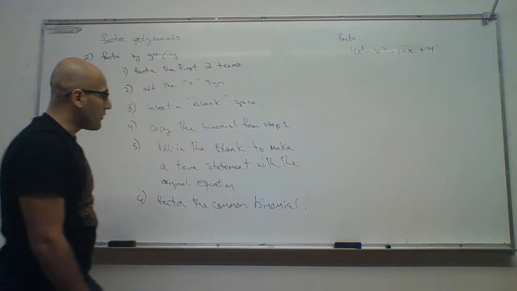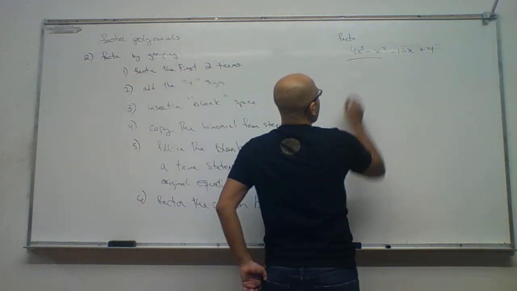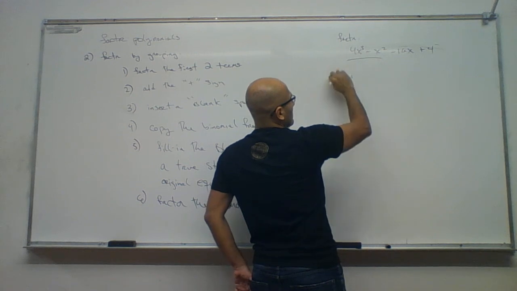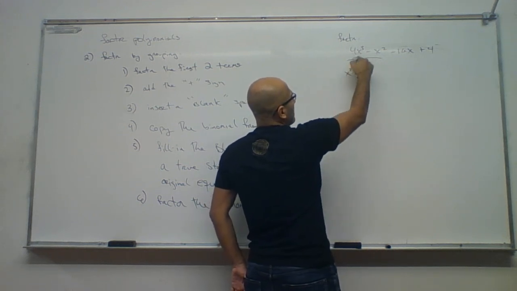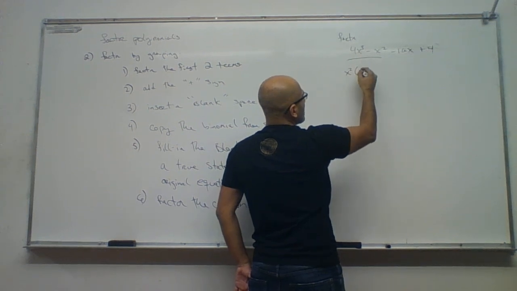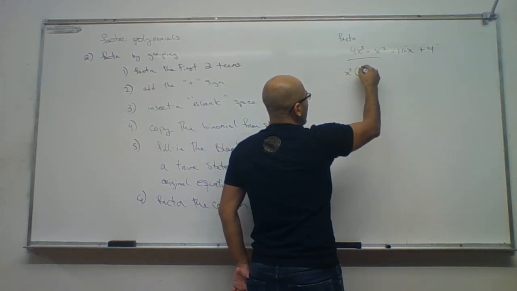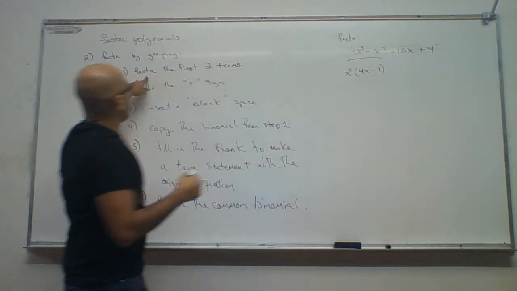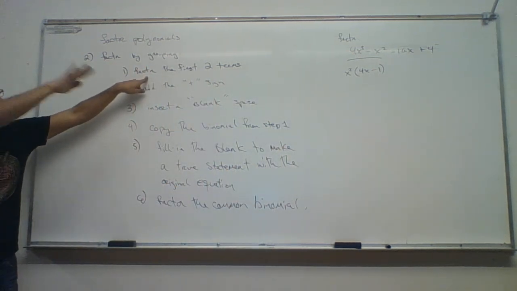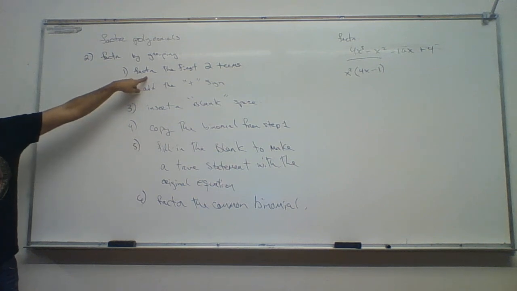Number 2, I'm going to focus on the first two terms. What do they have in common? They have an x squared in common, right? So I'm going to focus on the first two that have an x squared in common, and when I factor that out, I'll get a 4x minus 1. That's the first step. Factor the first two terms. Ignore the last two. Just the first two, factor them out.